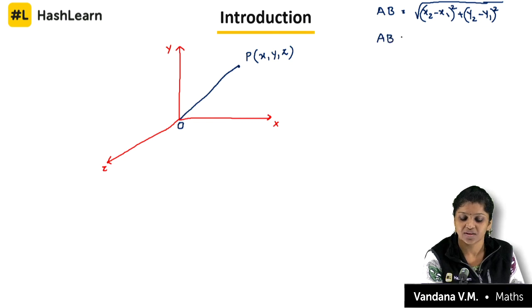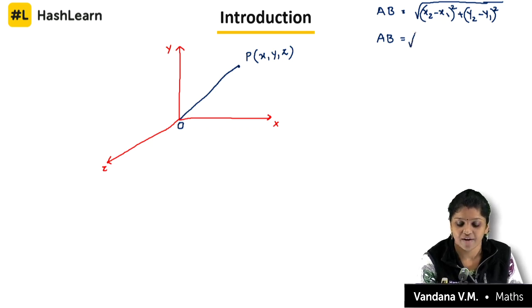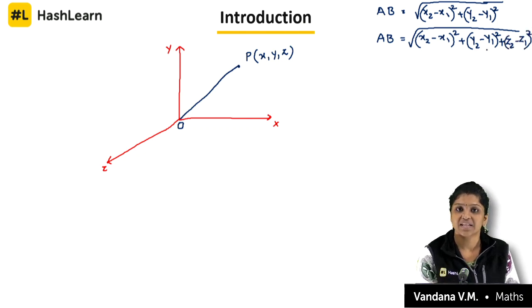Now, it is in the rectangular coordinate axis, that means x, y, z coordinate points are there. How will you represent this? x2 minus x1 whole square plus y2 minus y1 whole square plus z2 minus z1 whole square. This is the way of finding the distance between 2 points.